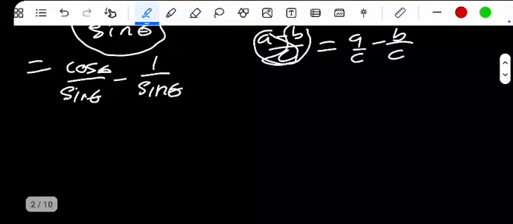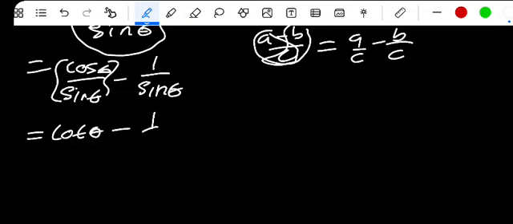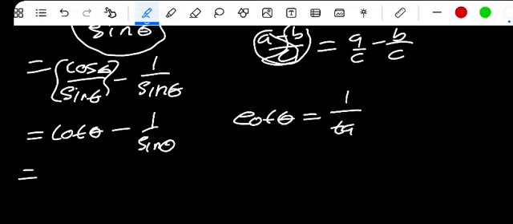Notice that cos theta over sine theta is the same as cot theta, so it will be cot theta minus 1 over sine theta. But you must know cot theta is the same as 1 over tan theta.